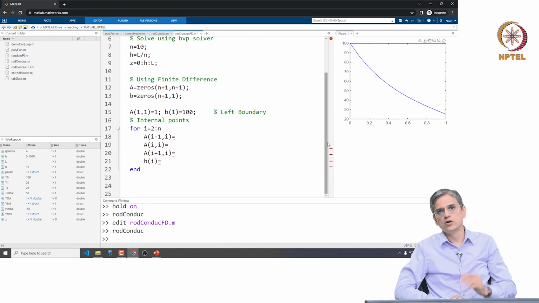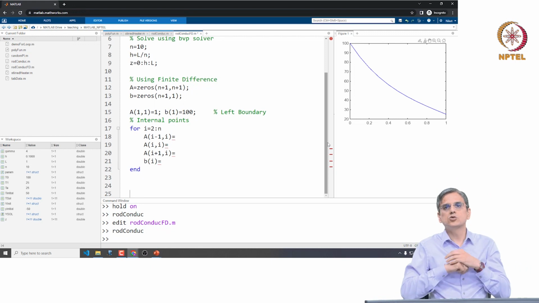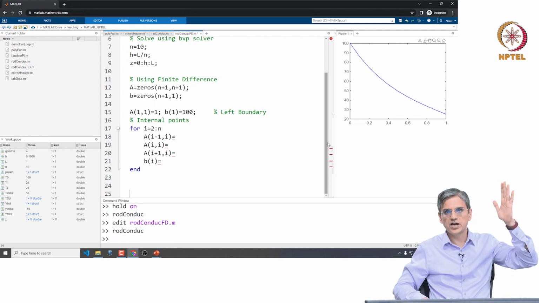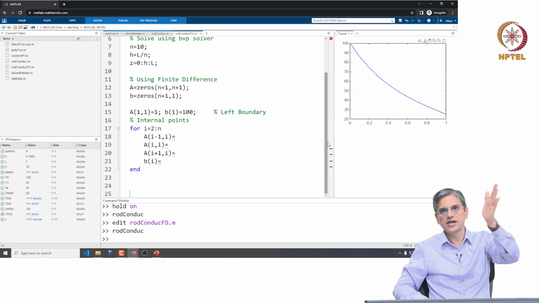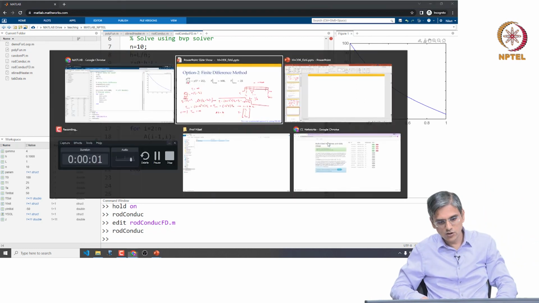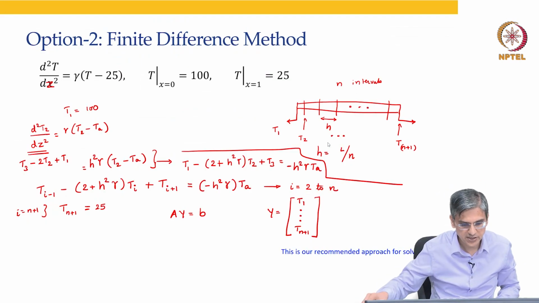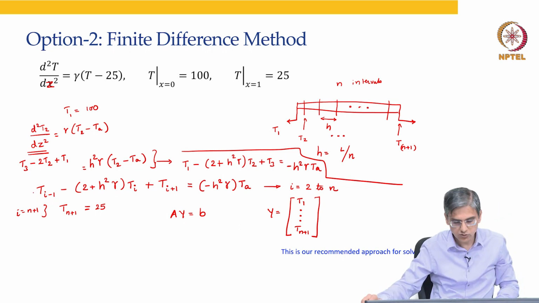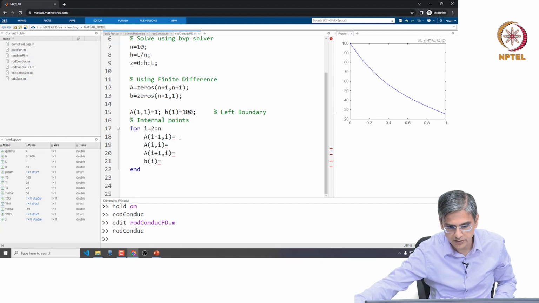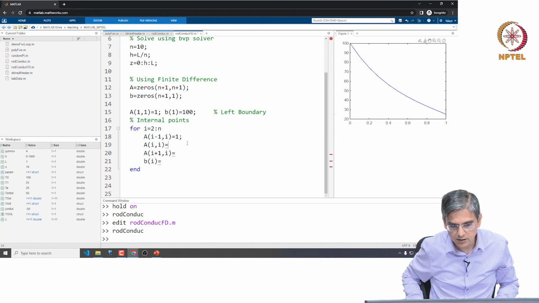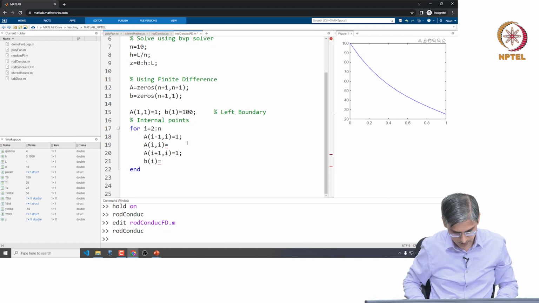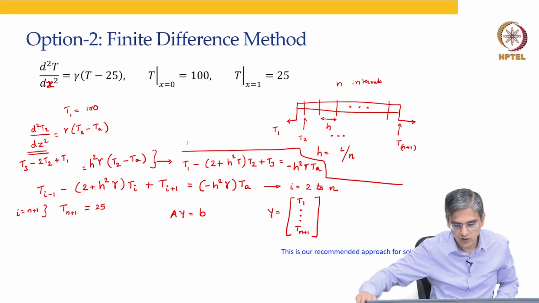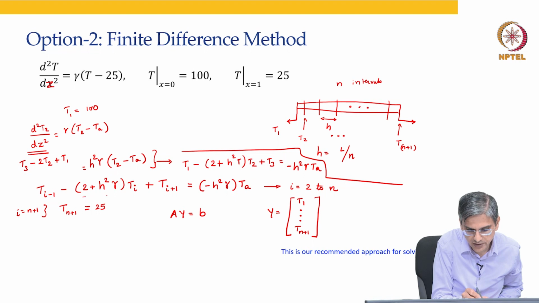Okay. So, when we had this overall equation, what did we have? We had a i minus 1, a i and a i plus 1. What is a i minus 1? A i minus 1 is the coefficient of T i minus 1. The coefficient of T i minus 1 and the coefficient of T i plus 1 are both equal to 1. So, I am going to write those down over here. So, this guy is 1, this guy is 1. Okay. What is the value of a i i?